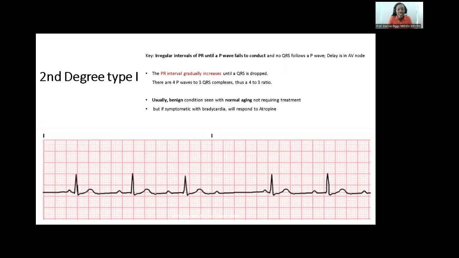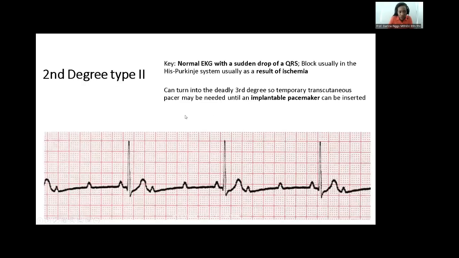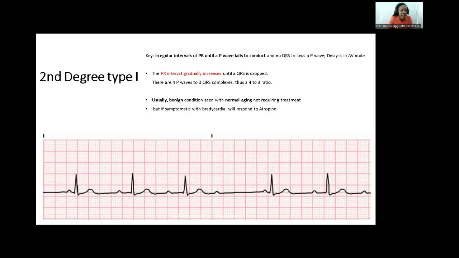Now, there are second degree blocks, but there's also second degree type 1 and second degree type 2, and of course, third degree. So let's go over second degree type 1 and second degree type 2 and compare them so you don't mix them in the future. So a second degree type 1, this client's heart rate is irregular.